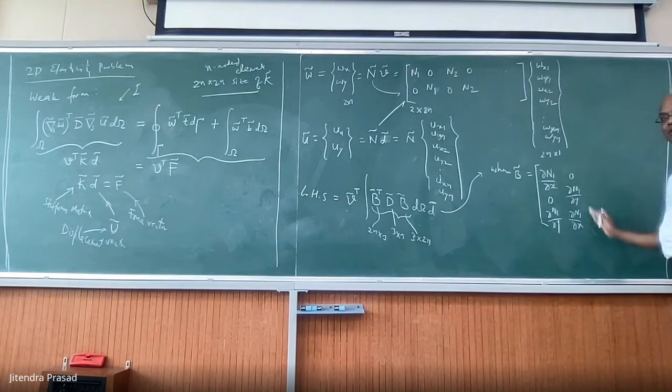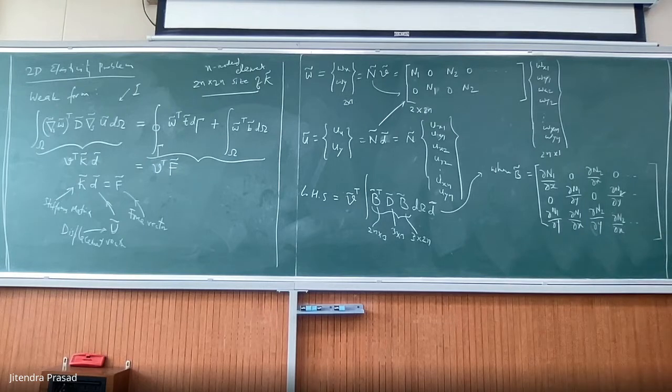Then again you have to repeat the same thing for N2: del N2 over del x, 0; 0, del N2 over del y; del N2 over del y, del N2 over del x, and so on. So this is what B is.